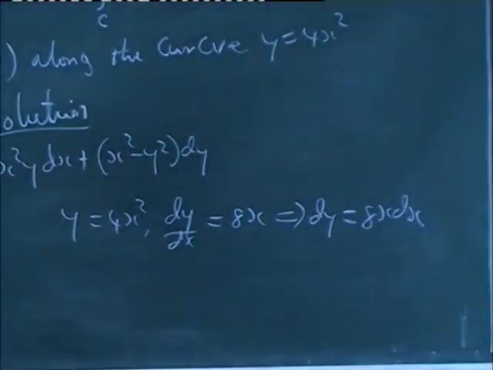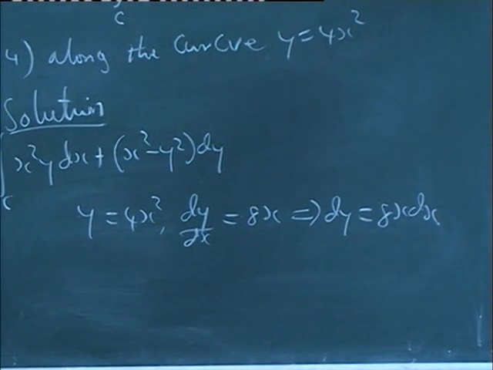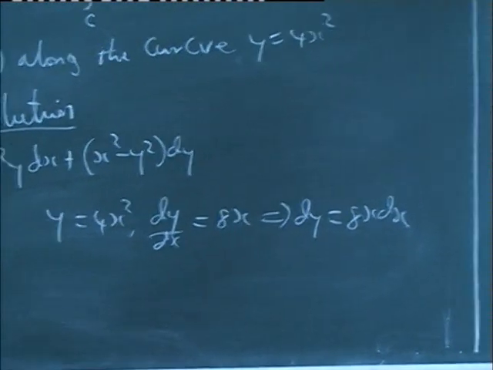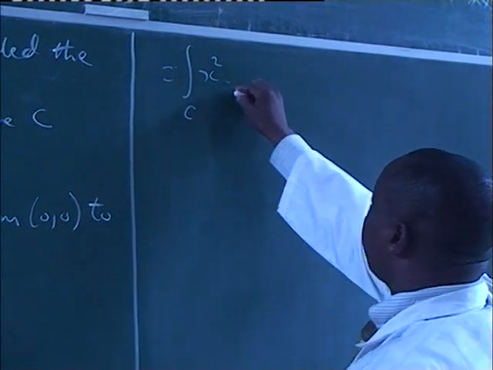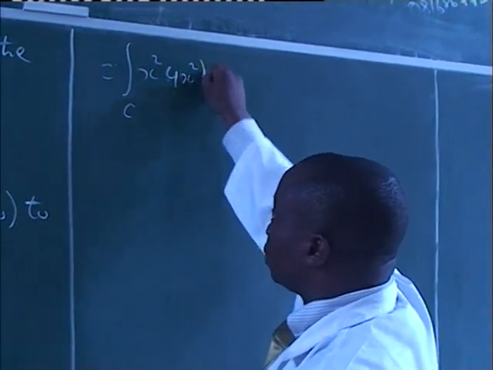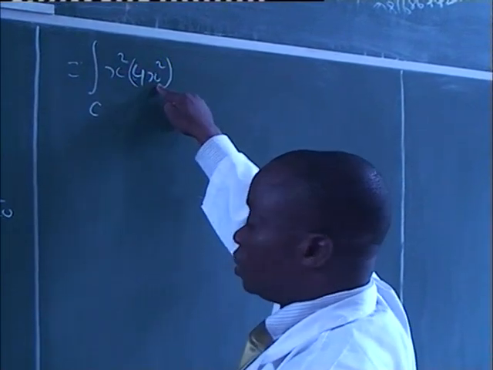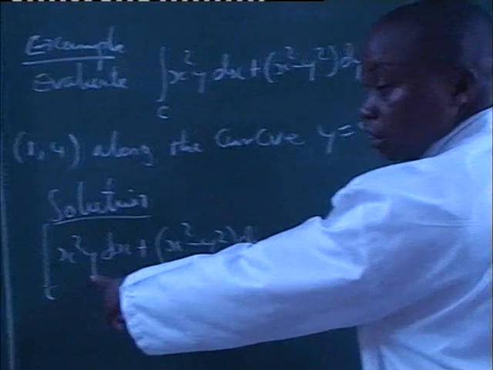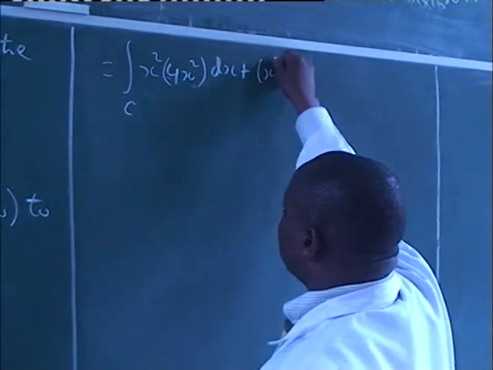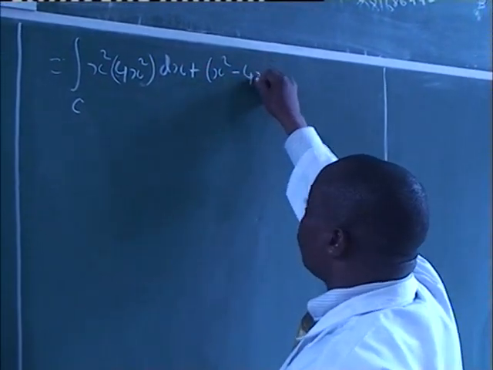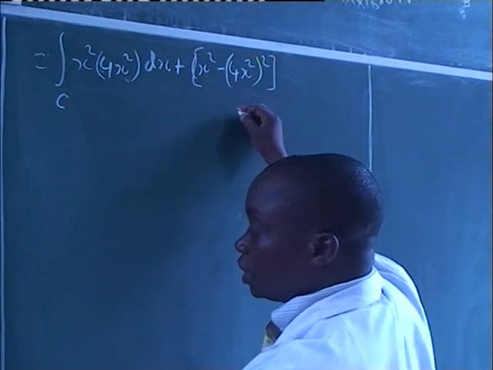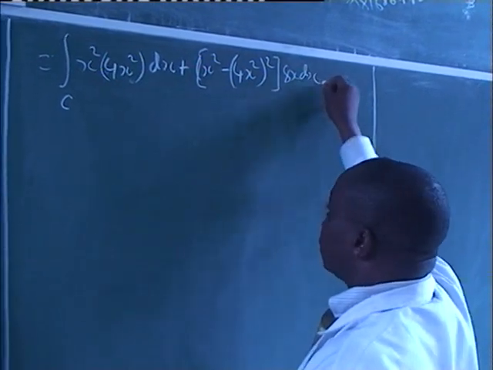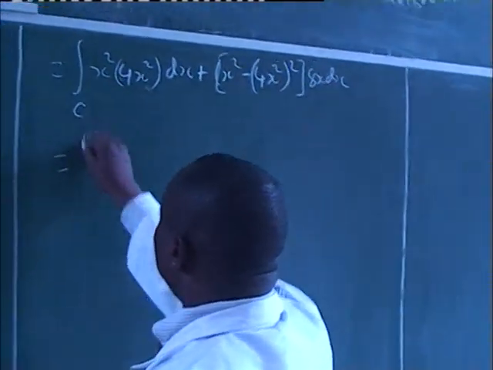So this will be the same as writing the integral over C of x squared times 4x squared dx, plus x squared minus (4x squared) squared, then dy is 8x dx.